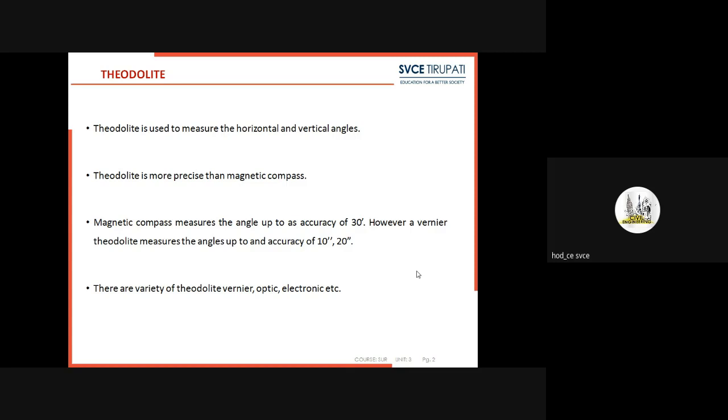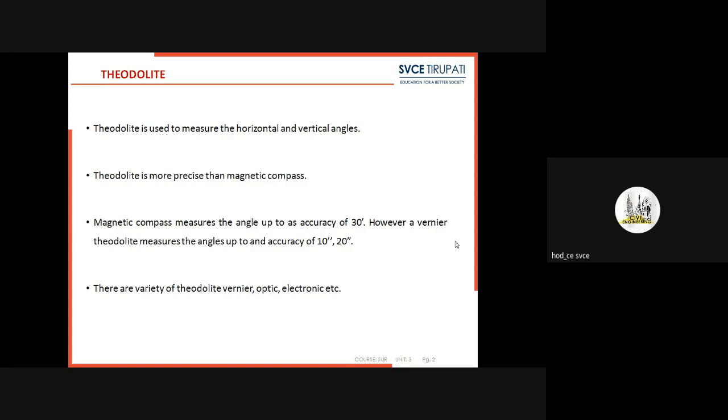That is the arbitrary meridian. Whichever point we select, I take it as a meridian and keep the horizontal graduation at 0 degrees, 0 minutes, 0 seconds.